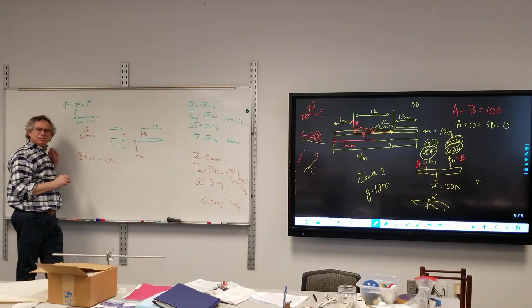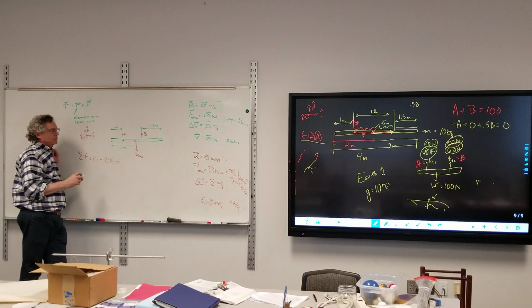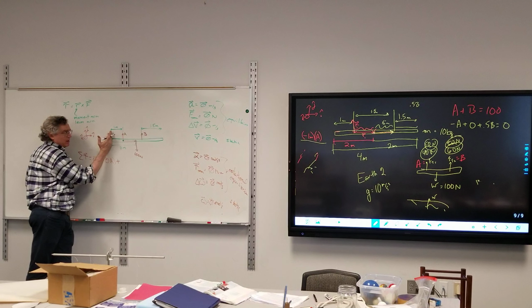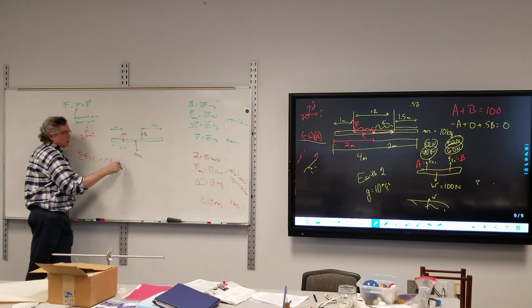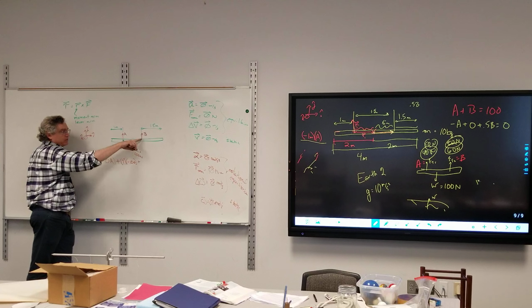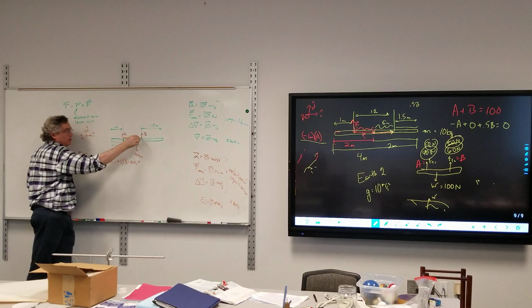Which is it? I'm guessing 1 because it's half of the 2 meters. Yeah, it's in the center. It's 2 meters from this end, it's 1 meter and then 2 meters. All right, so that'd be 1 times my weight, which is negative 100 because it's down, plus, now this last one, what is R for the last one?